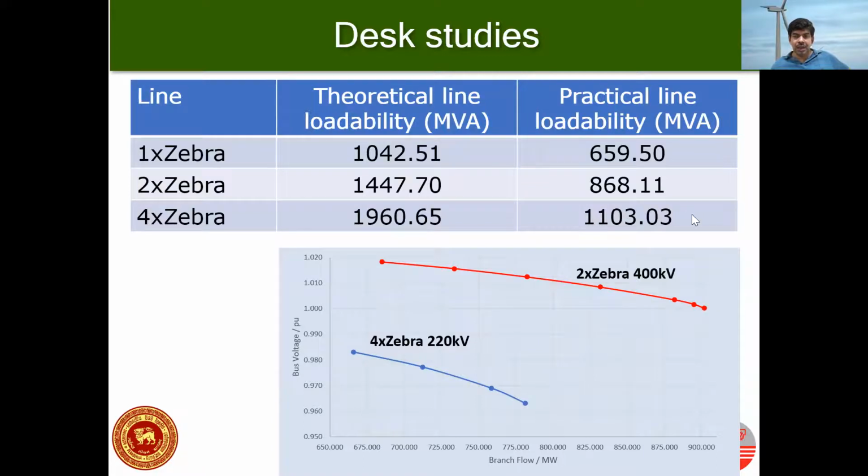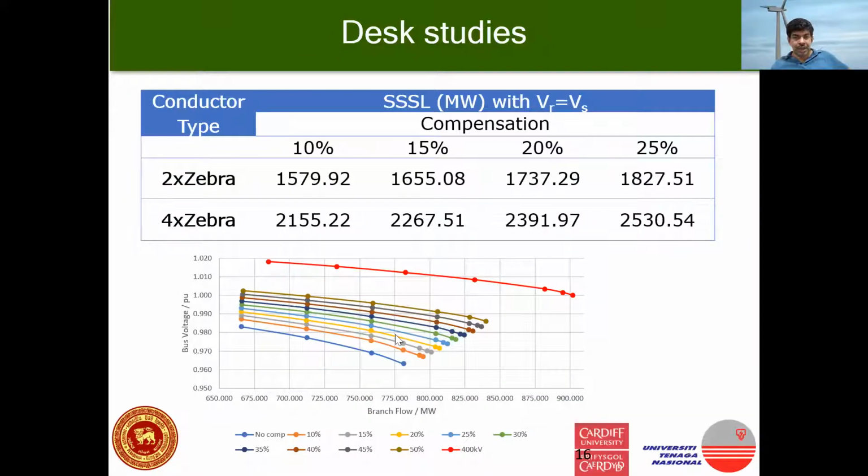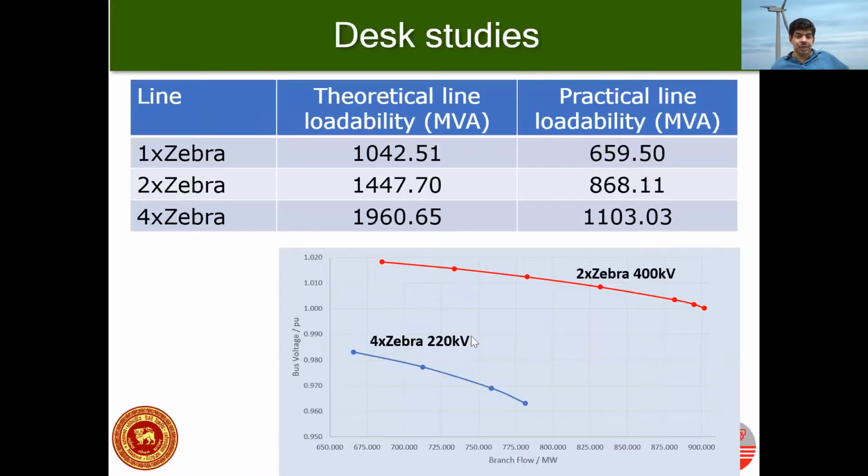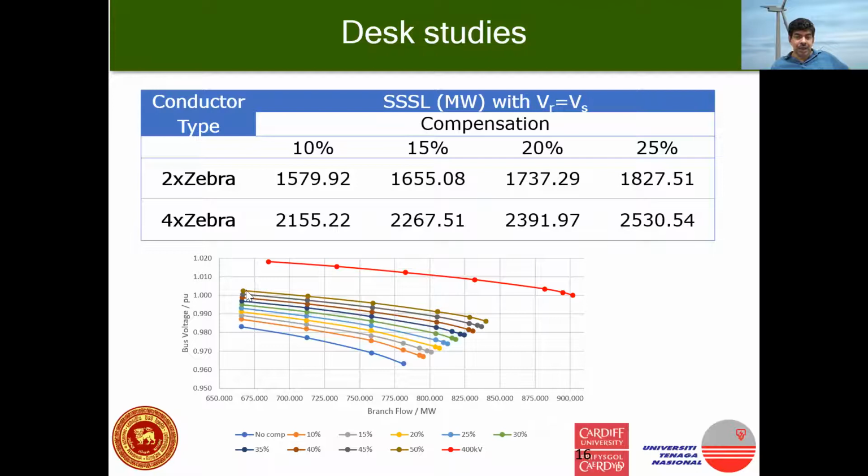Yeah, 4 Zebra can go up to 1103, which is good enough for most of the operating scenarios. But if you add the series compensation at different percentages, you can see that the blue line here can be shifted upward with the same 4 Zebra 220 kV, and at around 50% compensation, you can reach higher power levels.